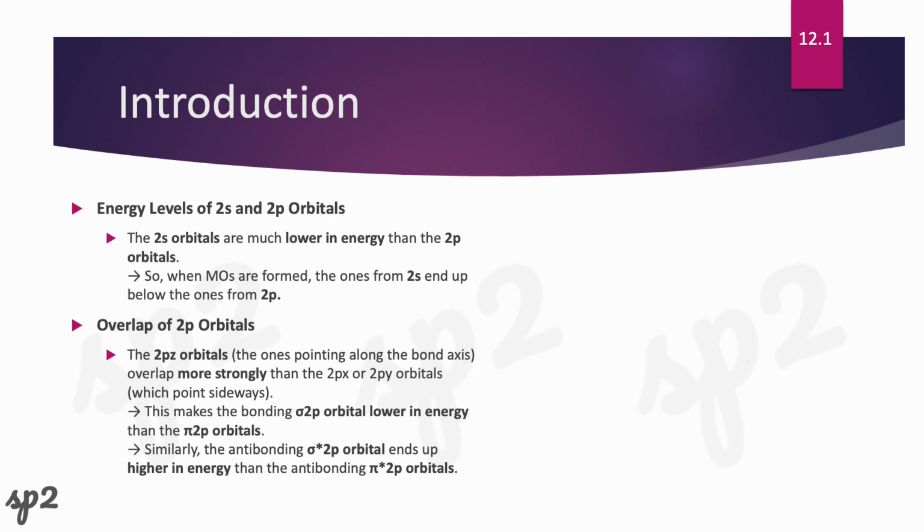This makes the bonding sigma 2p orbital lower in energy than the pi 2p orbitals, and similarly, the anti-bonding sigma star 2p orbital ends up higher in energy than the anti-bonding pi star 2p orbitals. Okay, so this is something that we have to consider when we are drawing our molecular orbital diagrams.